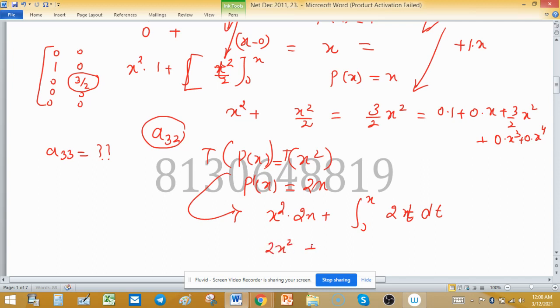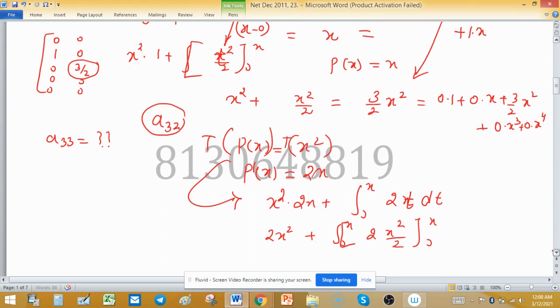So 2x square plus 2x square by 2 from 0 to x, and the 2 cancels out, so 3x square.